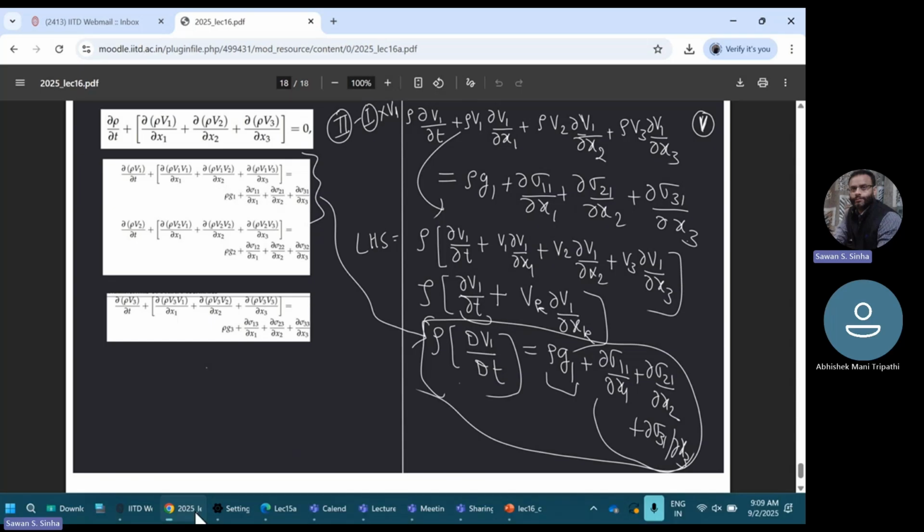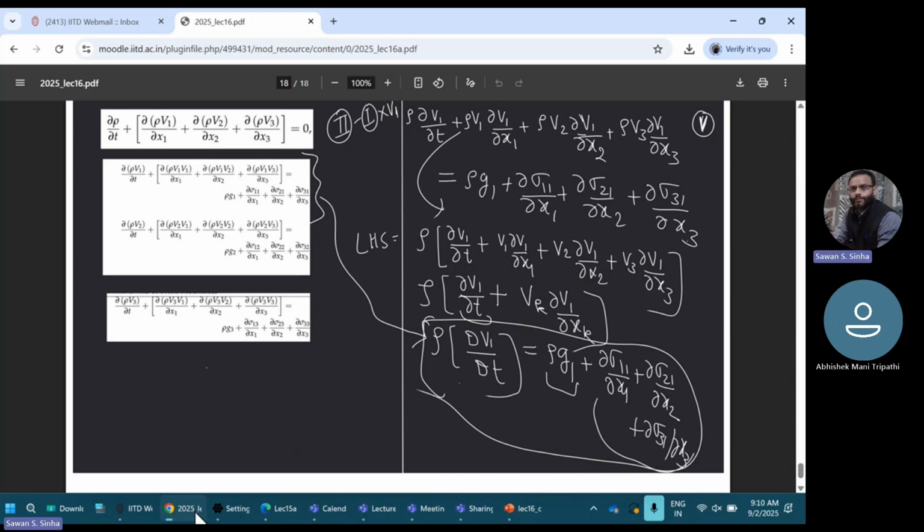Can we try to infer which 2 surfaces are contributing to this force? No, I think I have not written it correctly. Sigma 1, 1, 2, 1, 3, 1, 1, 2. Del sigma. Okay. Del sigma 1, 2. Okay. Yeah, which 2 surfaces?